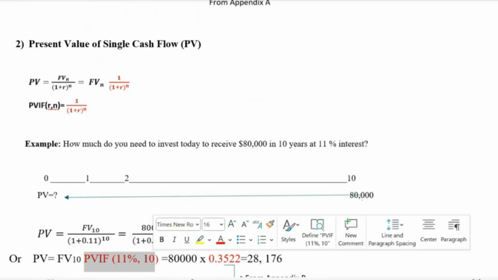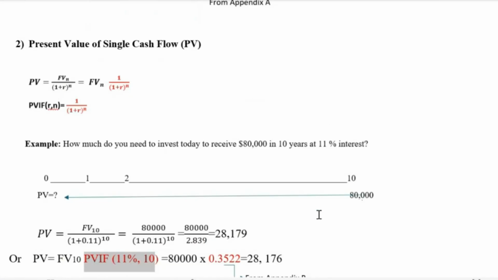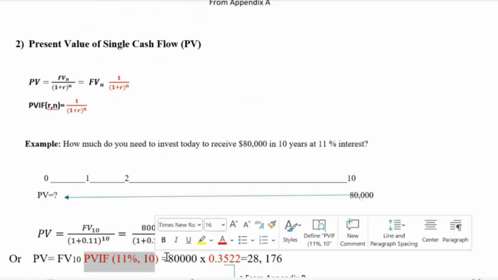You can exchange US dollars to British pounds, and you can exchange British pounds back to US dollars. So one exchange rate is the inverse of the other. We also have a present value interest factor table, that is Appendix B. We go to the table, look at 11% and 10 periods, and we find it's 0.3522.